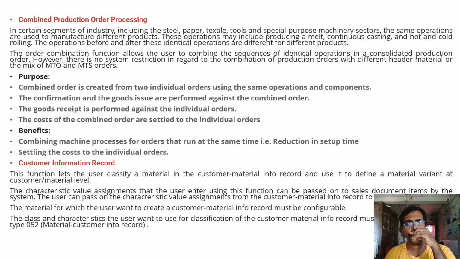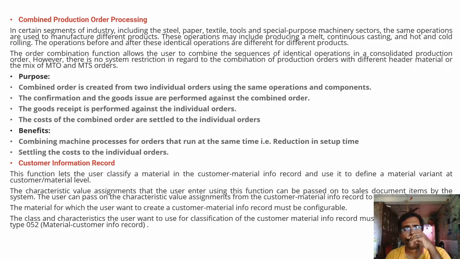The order combination function allows a user to combine the sequence of identical operations in a consolidated production order. However, there are no system restrictions in regard to the combination of product orders with different header materials, or the mix of make-to-order or make-to-stock orders that are included.